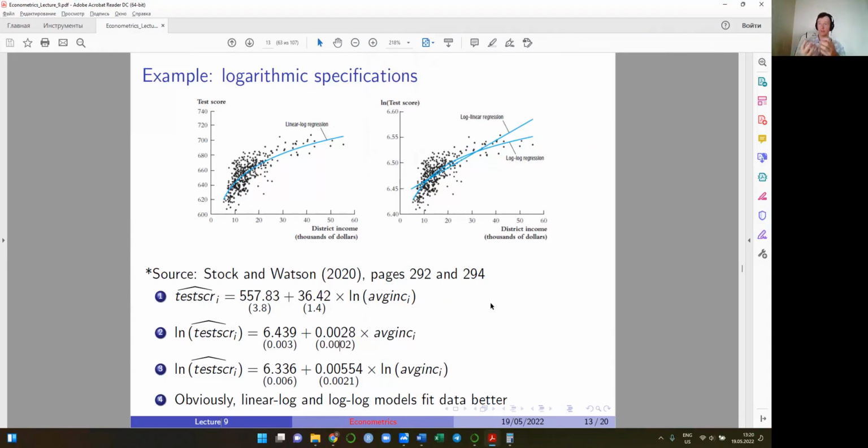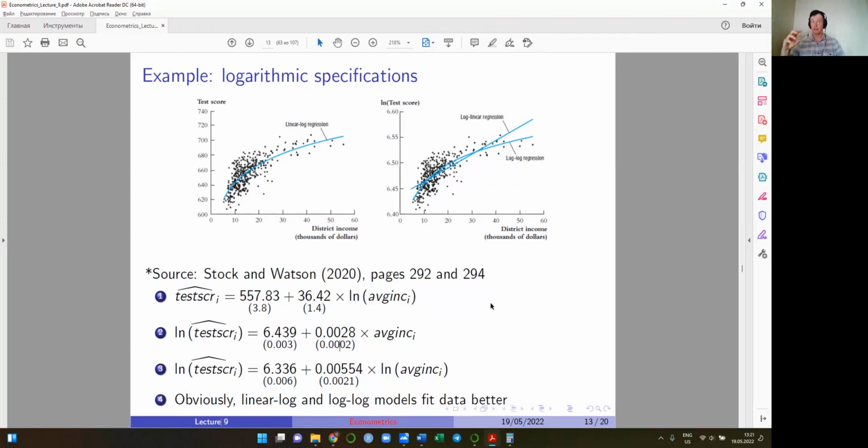Basically, if you have a scatter plot and the scatter plot suggests you that there is some nonlinearity like this, you have a toolbox of different functions, and this toolbox was somehow developed in your mathematics courses in the school. Polynomials, log models, exponents, square root function, hyperbola 1 over x or 1 over x squared also might be good.